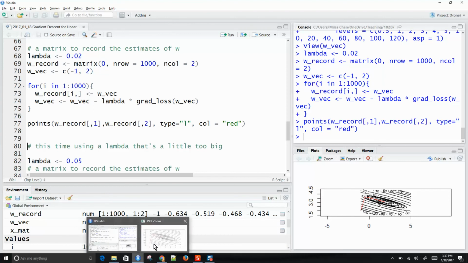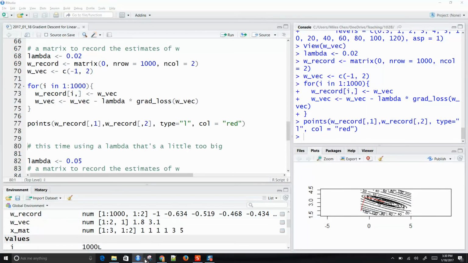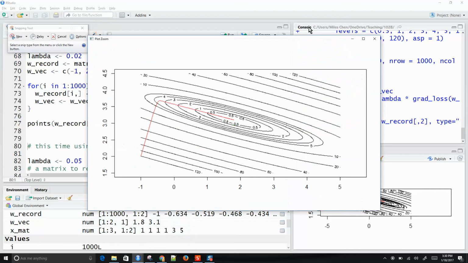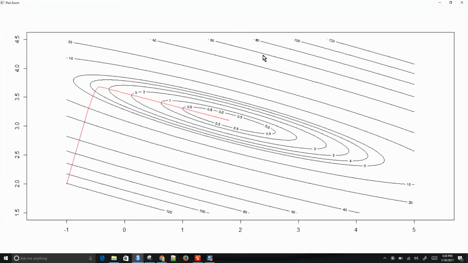Here's my picture. Okay, and so we start here and we're just moving perpendicular. The steps are tiny little steps. We keep going down. This is the direction of steepest slope, and once we get here, it starts to take a little turn, and then this is now the direction of steepest slope. So all of these are perpendicular to our contour lines right there.